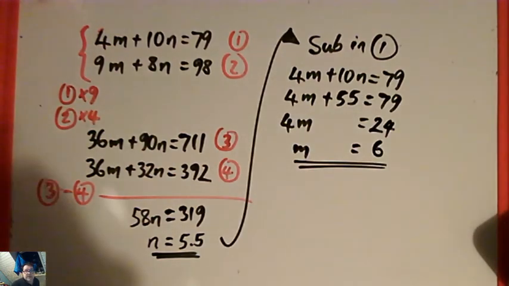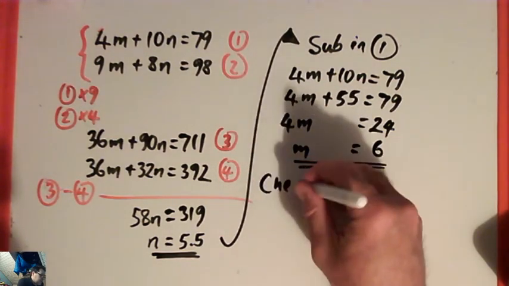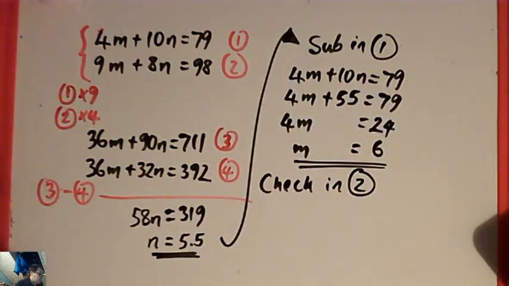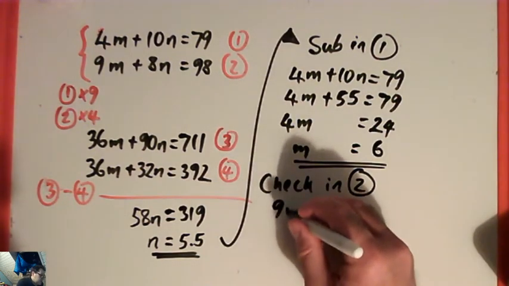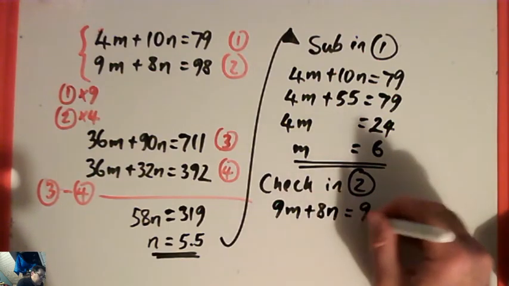So I think m is 6 and n is 5.5, but I'm just going to check that by putting those two values into equation 2. So that was 9m plus 8n equals 98.